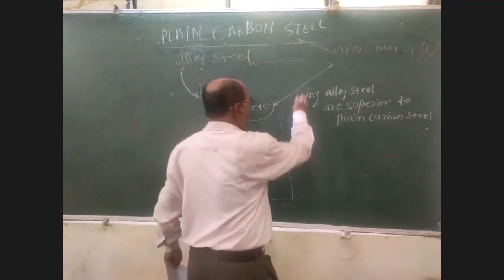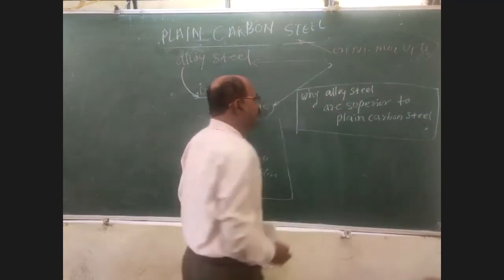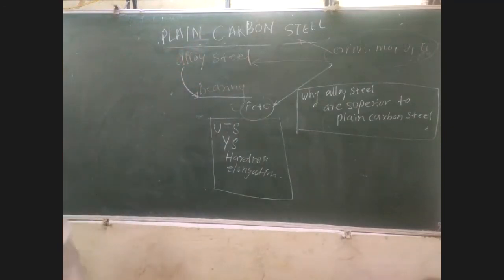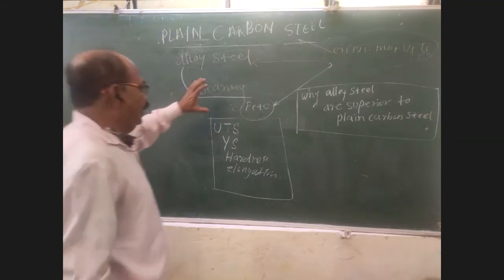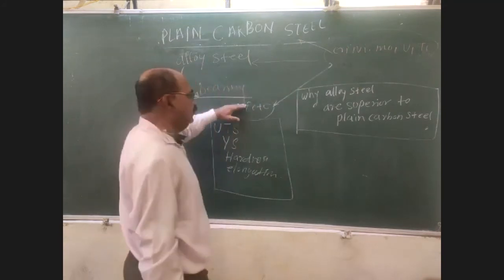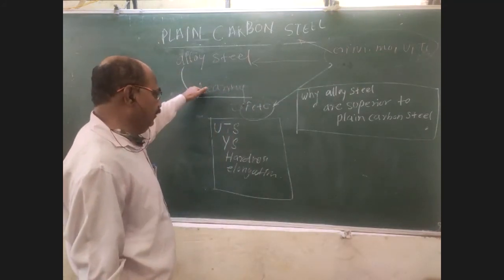Why is alloy steel superior to plain carbon steel? A very simple thing. These are the alloying elements. If we add them into steel, it becomes alloy steel. Let us consider a bearing.